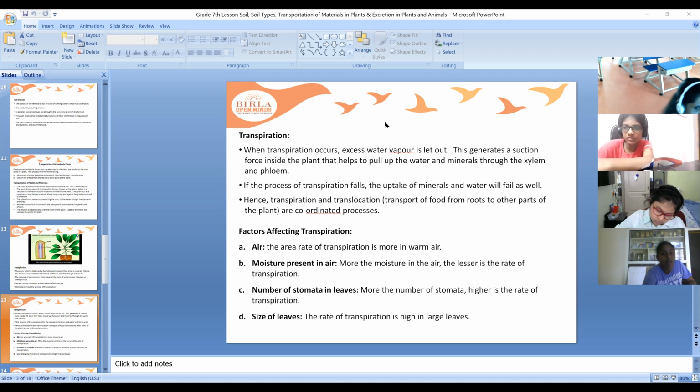Hence, transpiration and translocation are coordinated processes. Translocation is the transport of food from the roots to other parts of the plant. They are interconnected with each other.